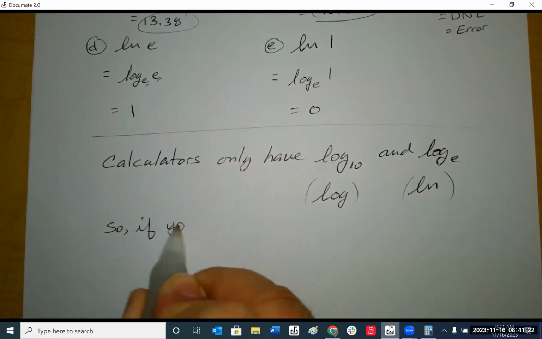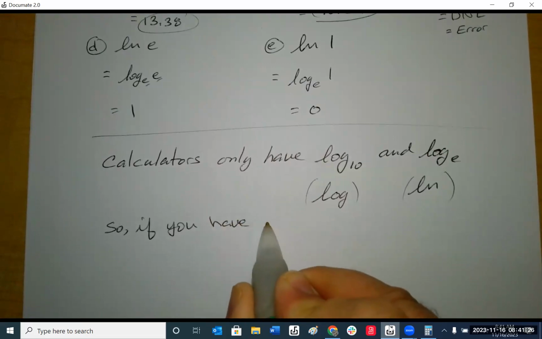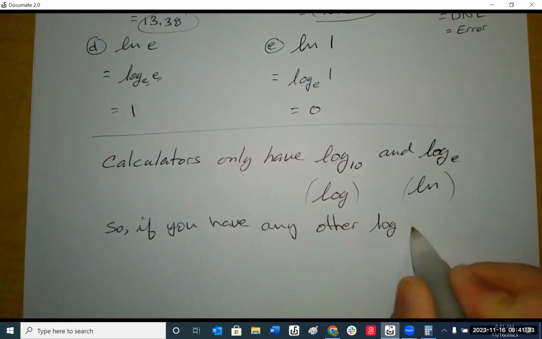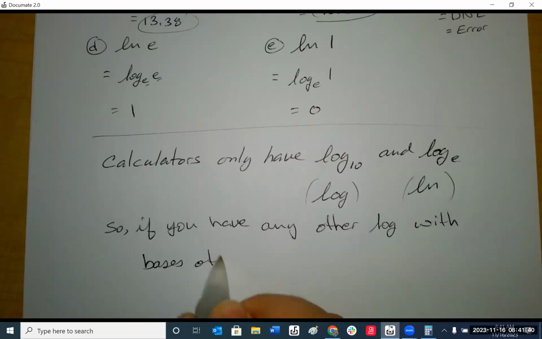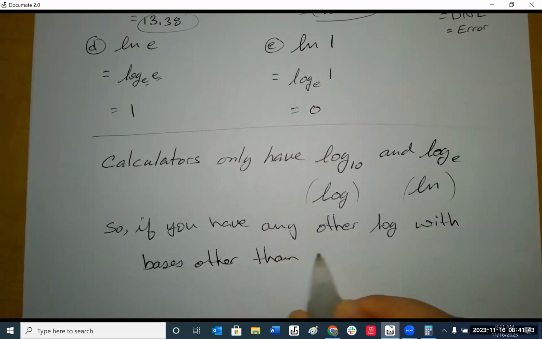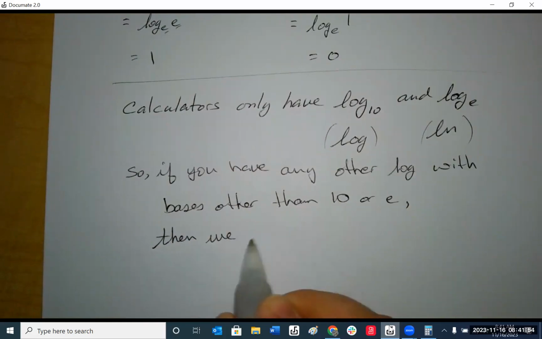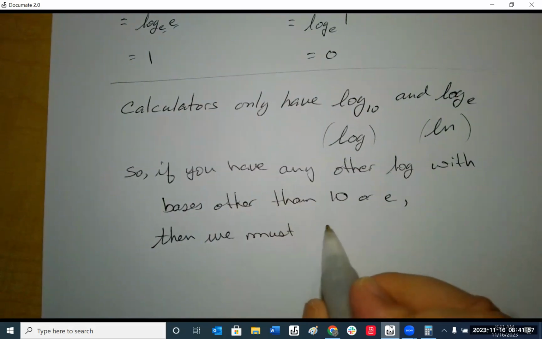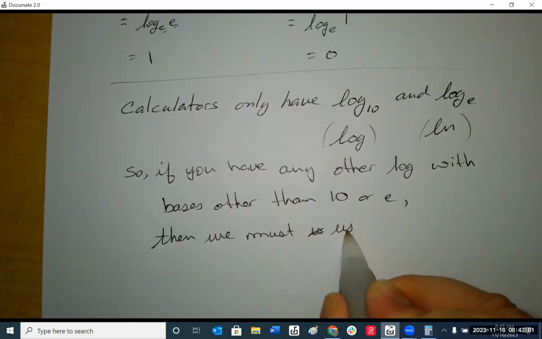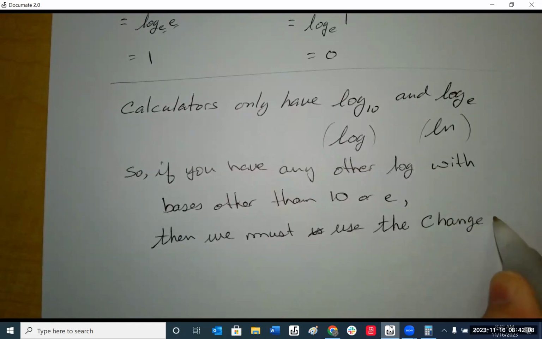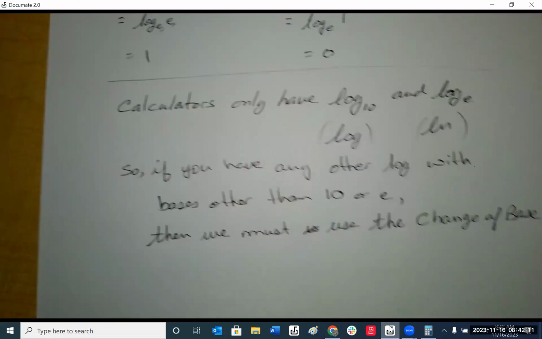So if you have any other log, with bases other than 10 or e, then we must use the change of base formula.